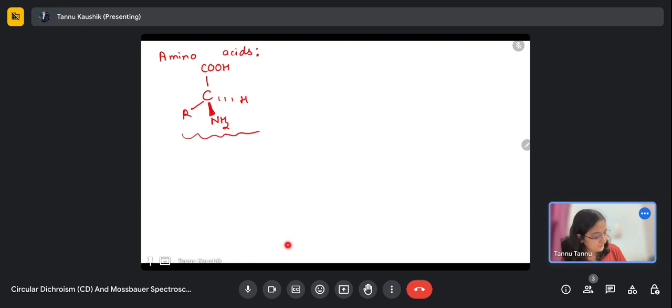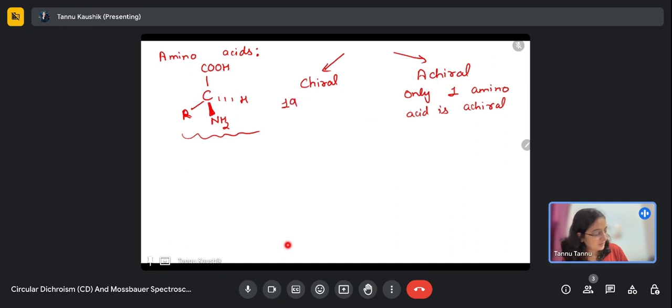This R group can be chiral or achiral. Only one amino acid is achiral, and 19 other amino acids are chiral.